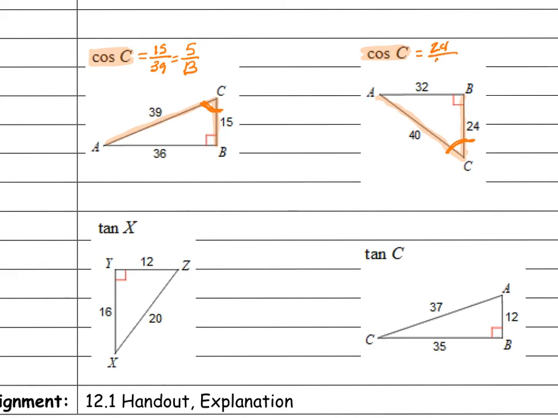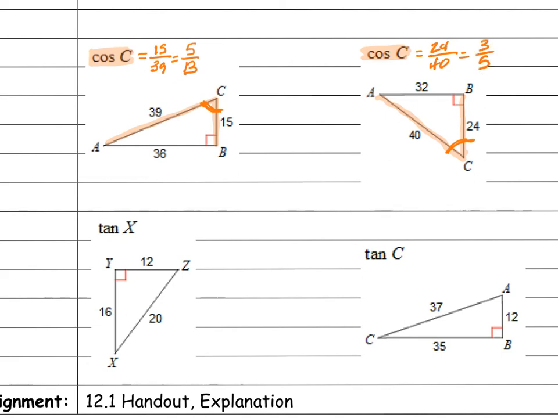And the hypotenuse will be 40. And a little secret about sine and cosine, the bigger number is always going to be on the bottom on sine and cosine, always. That's not always true on tangent, but on sine and cosine, the bigger number is always in the denominator. So let's see, what goes into 24 and 40? I believe 8 does. So that should be 3/5.